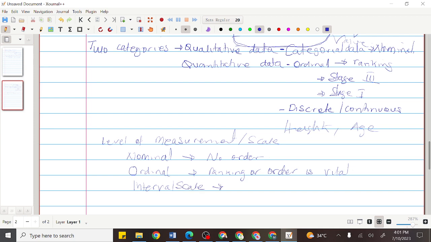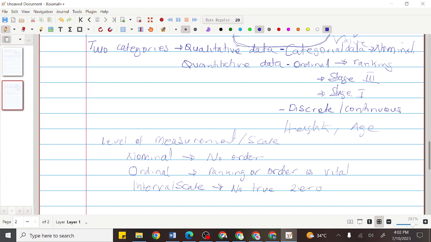With the interval scale, basically the point here is that you have a scale where the intervals are actually meaningful and equal, but the key thing is that there is no true zero. For example, temperature.